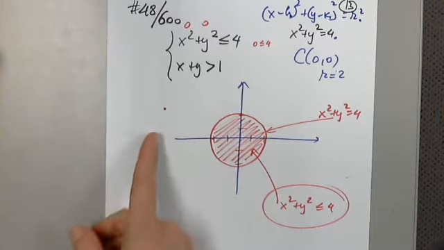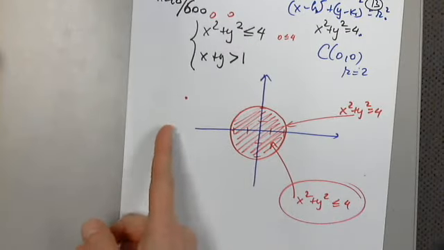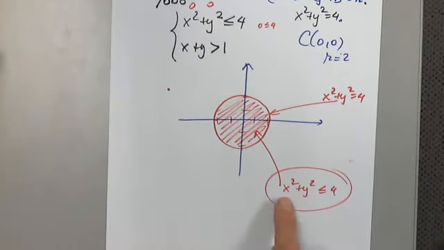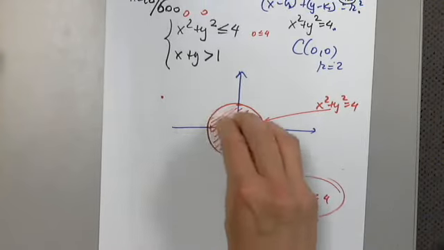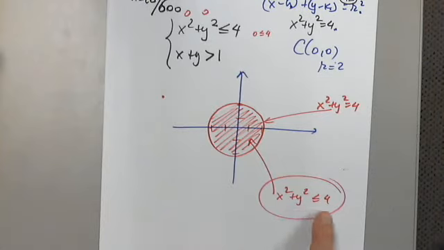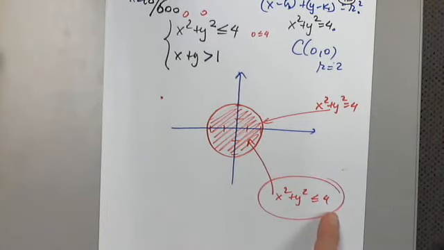If I pick here (-10, 10), look what happens. -10 squared is 100. 10 squared is 100. 100 plus 100 is not less than or equal to 4. So only points inside the circle will make this inequality true.